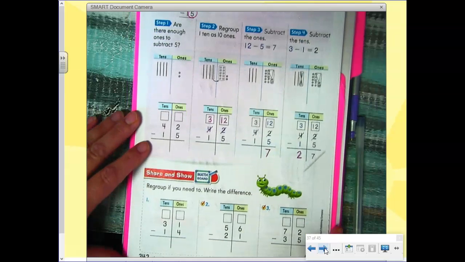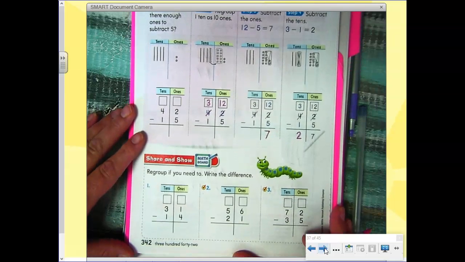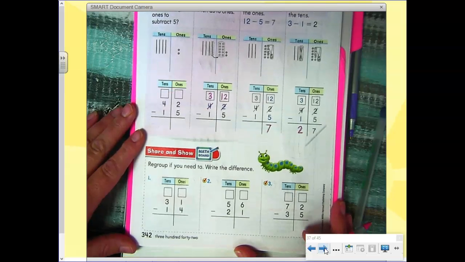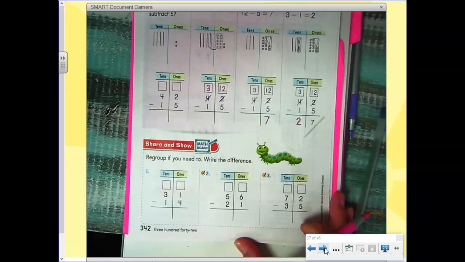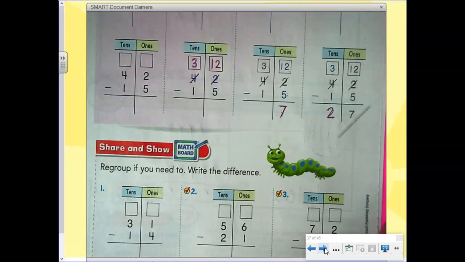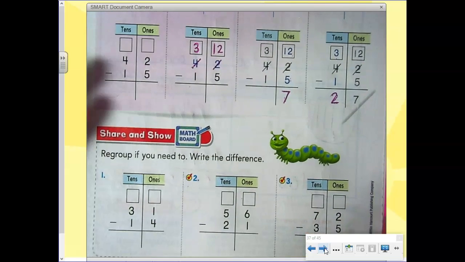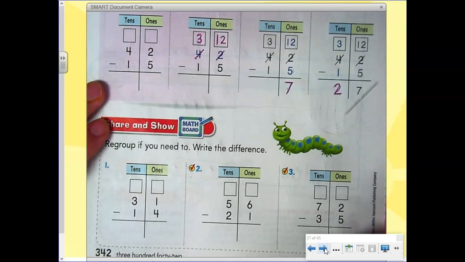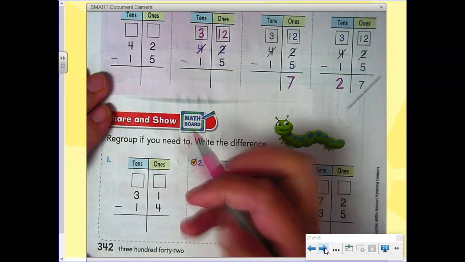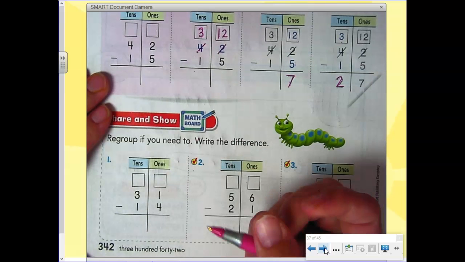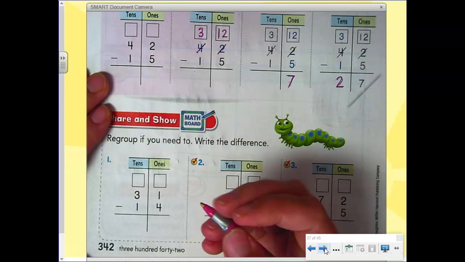All right, so let's practice some together. Number 1, share and show. 31 minus 14. Guys, look in your ones column. Start on the right. What's your larger number?